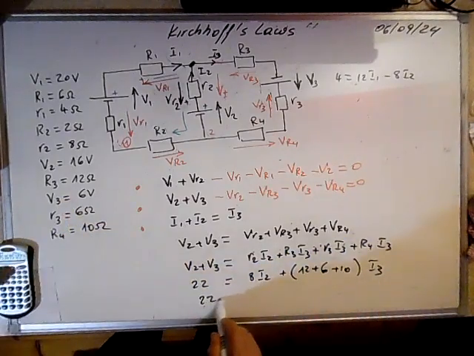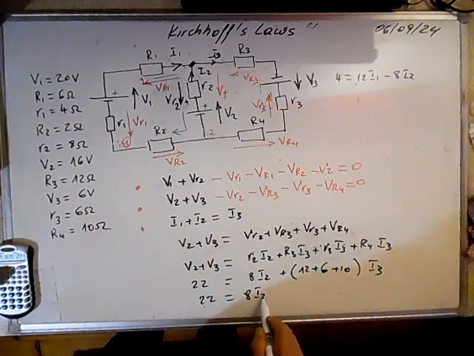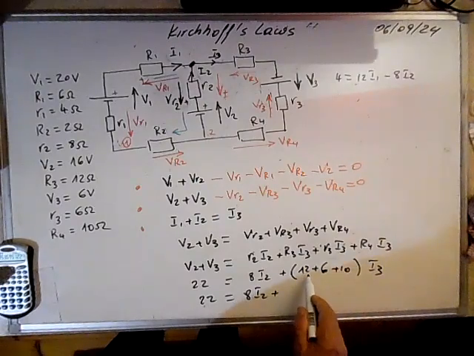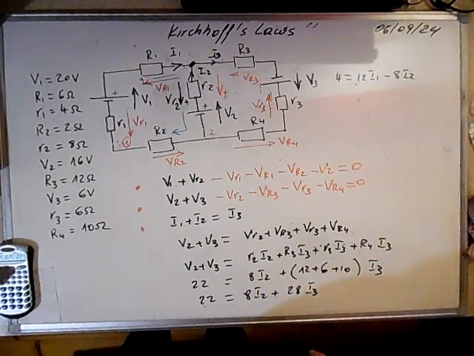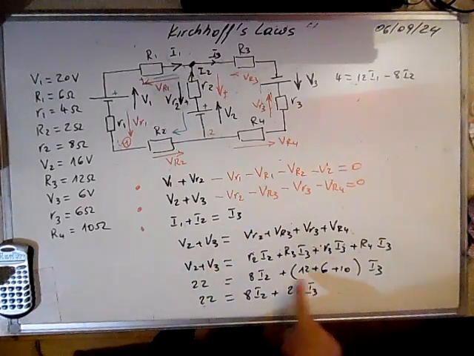So it means 22 is equal to 8 I2 plus 28 I3.